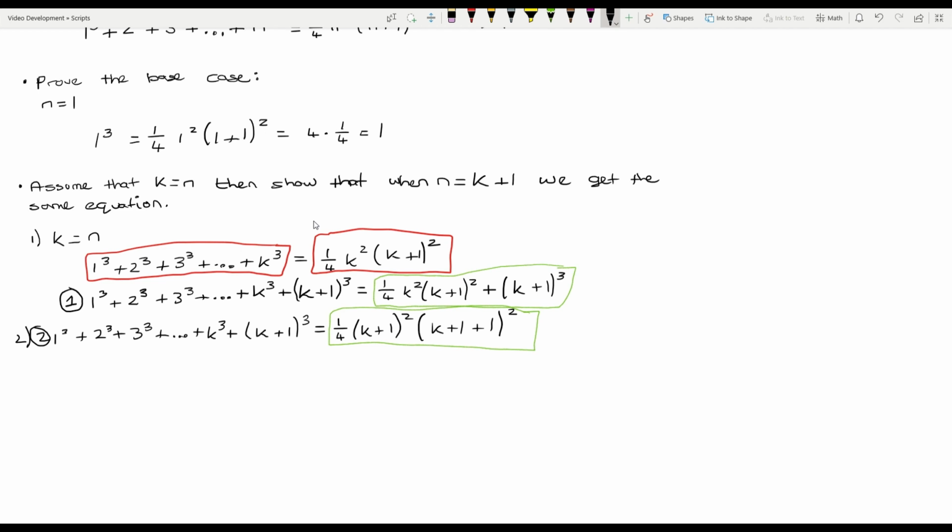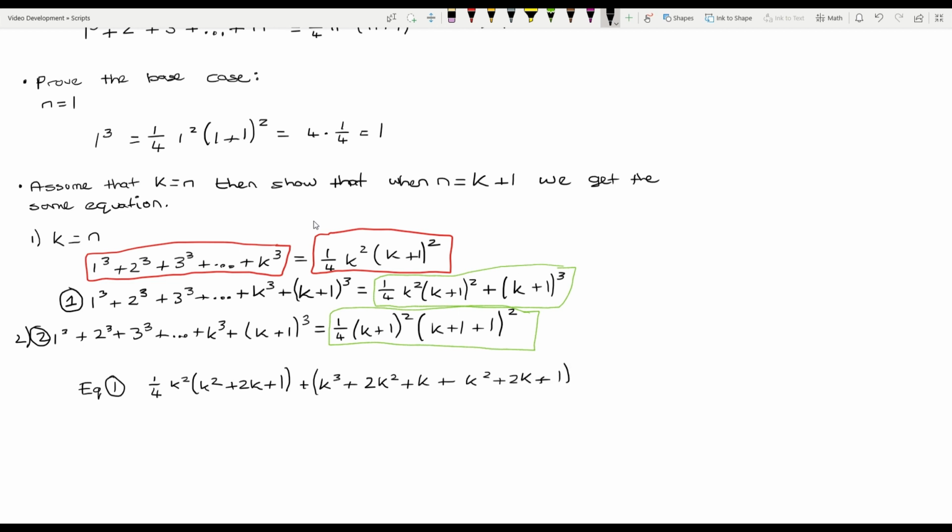So if we start with equation 1 and expand this, we will have a quarter of k squared times (k squared plus 2k plus 1), plus, for this one, we will have k cubed plus 2k squared plus k plus k squared plus 2k plus 1.